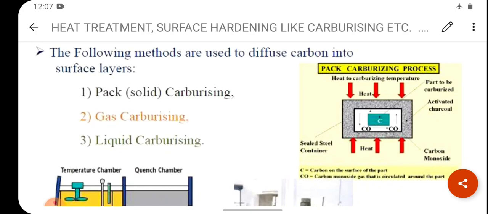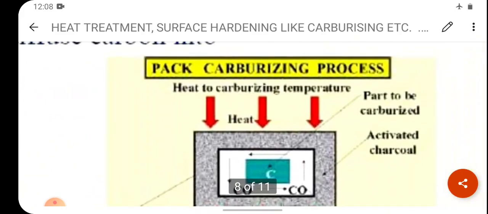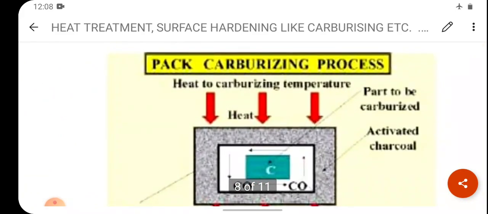See this diagram. The first one is pack carburizing, on the top of the page. I am zooming in on this diagram so that each and every point will be clear to you. This is the pack carburizing process. Heat to carburizing temperature. Up to where do we have to heat? Carburizing temperature.